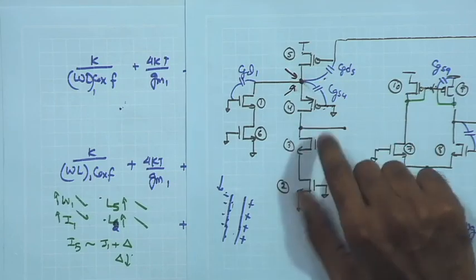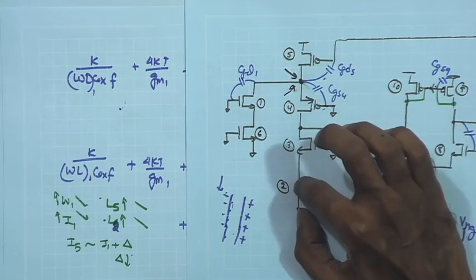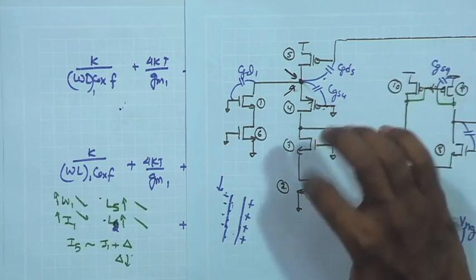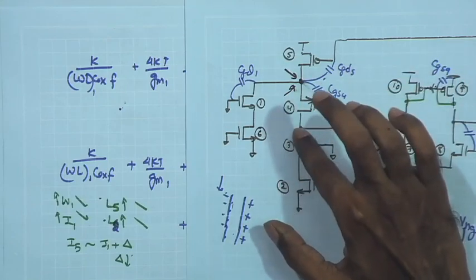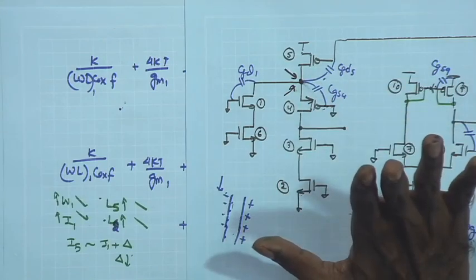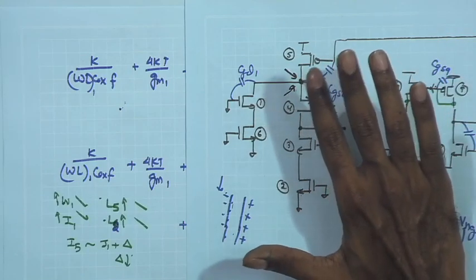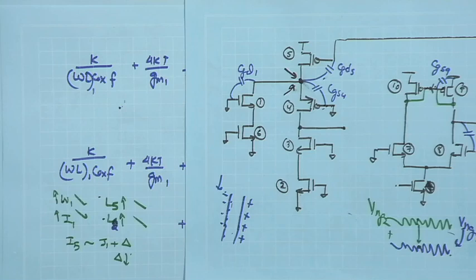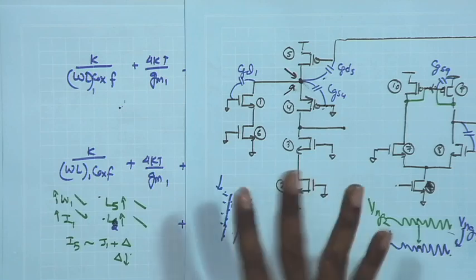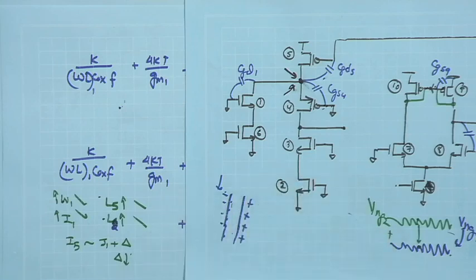Same thing on the lower side, I would like to have lower W by L for M3, larger L for M2, and both of those are going to reduce the headroom on the negative side and impact my swing. So, lower noise is going to impact my swing in a negative fashion. So, that is another trade-off we should be aware of.